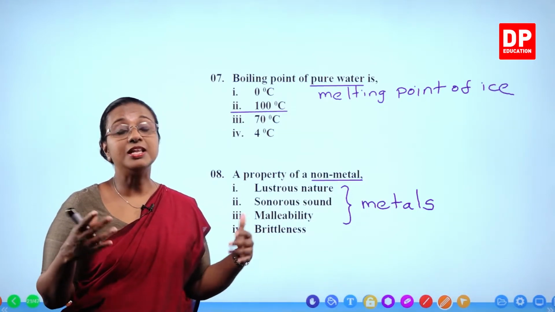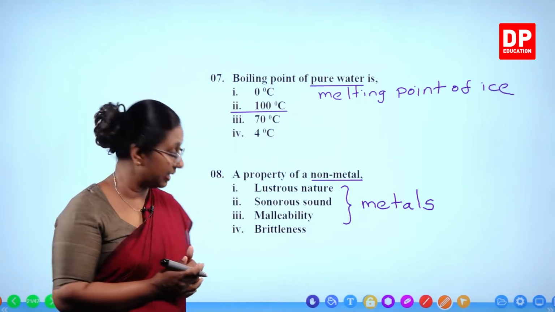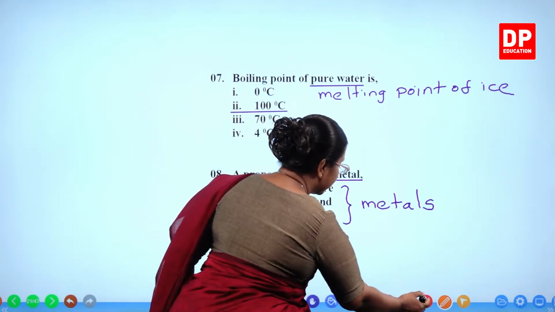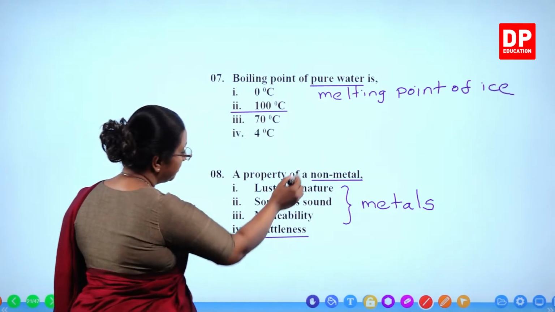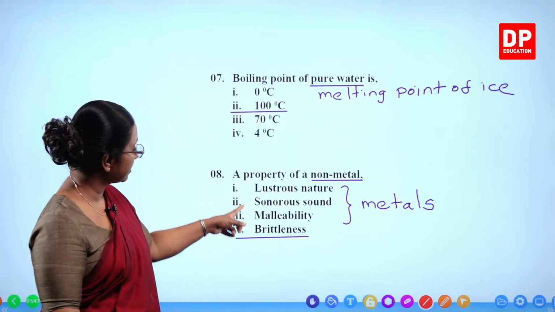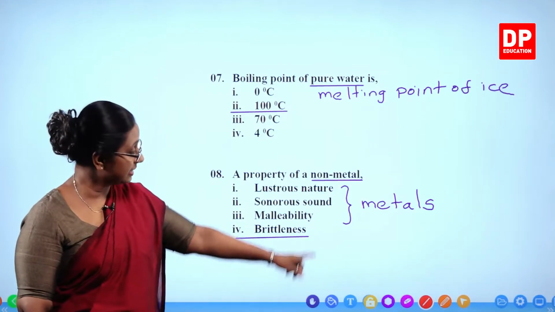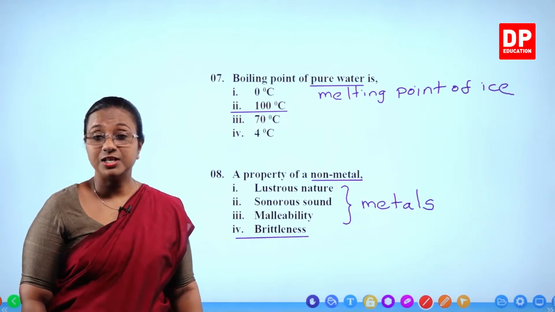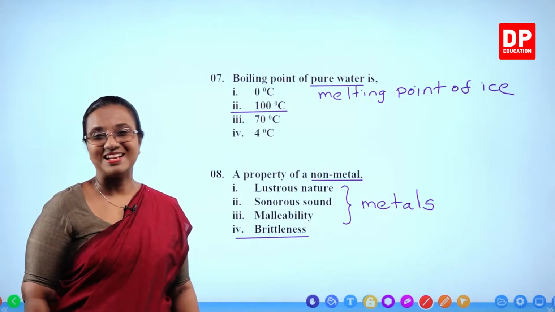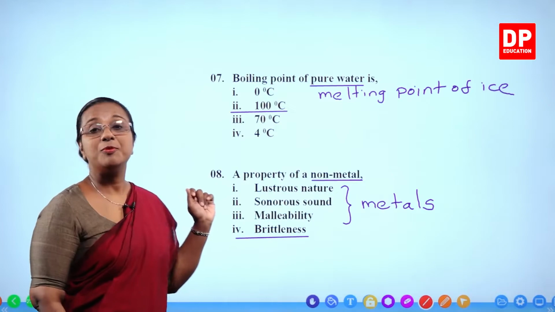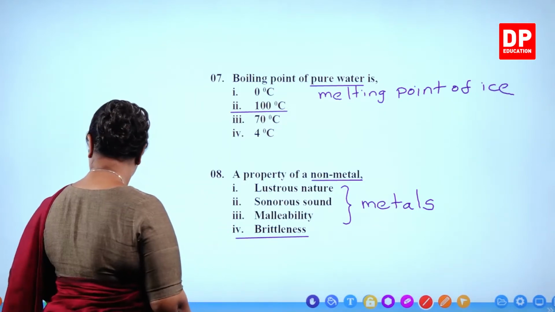So mostly non-metals are brittle in nature. So that is the answer. A property of a non-metal is brittleness, because all the other three properties, luster, sonorous sound and malleability, are usually properties of metals. I am sure you can remember that, students. So with that, we'll move on to the next question.